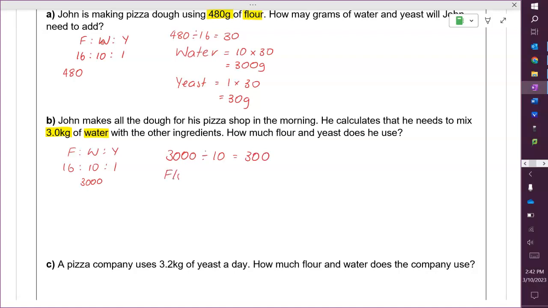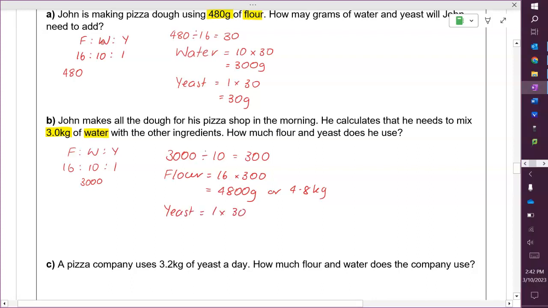So for our flour, I would have 16 times 300, which is going to give me 4,800 grams or 4.8 kilograms, depending on what the question's asking, how they want you to answer. And for our yeast, we would have 1 times 300, which gives us 300 grams of yeast.